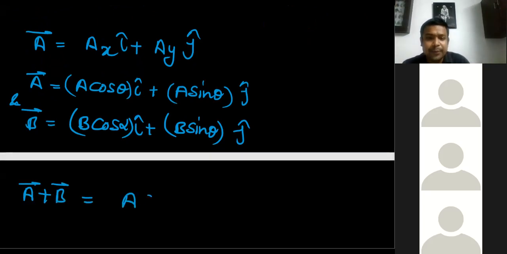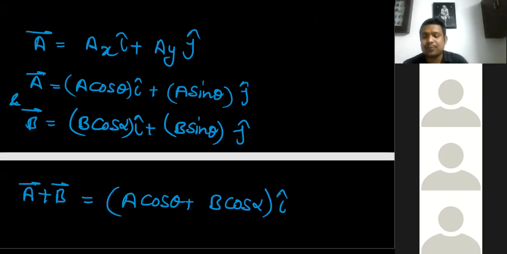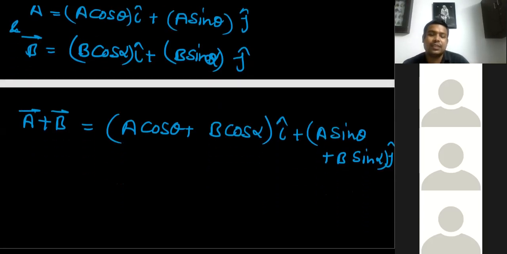It is A cos theta plus B cos alpha i cap, plus A sin theta plus B sin alpha j cap. Is it okay?